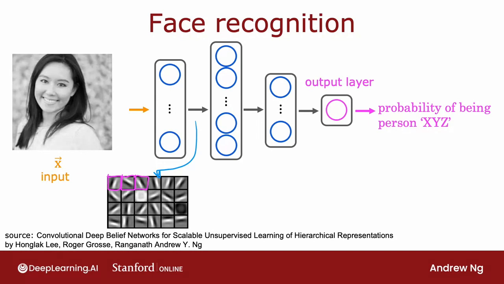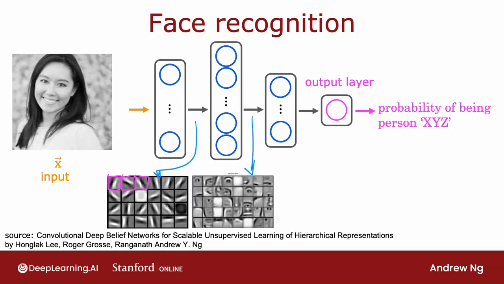So in the earliest layers of a neural network, you might find that the neurons are looking for very short lines or very short edges in the image. If you look at the next hidden layer, you find that these neurons might learn to group together lots of little short lines and edge segments in order to look for parts of faces.